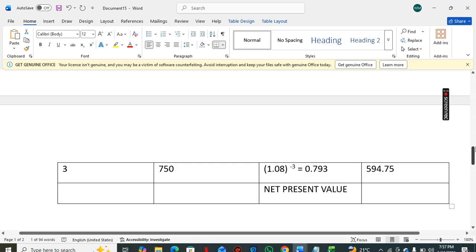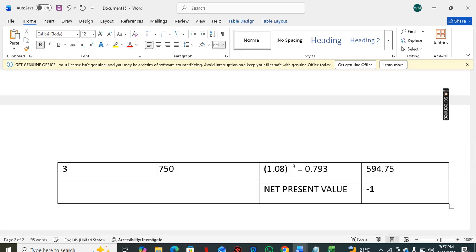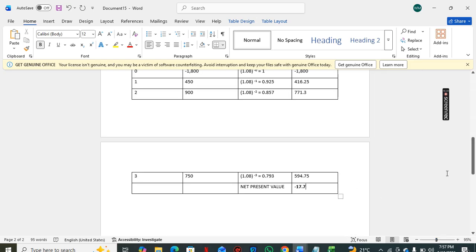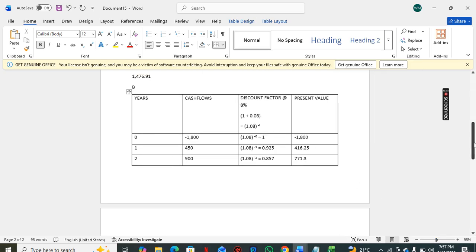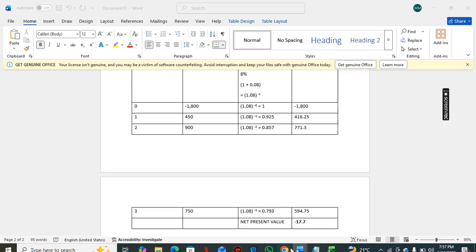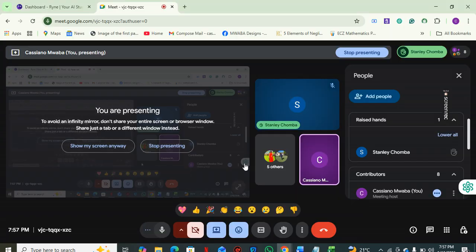We also get a negative one here, negative 17.7. Also this one you reject. Okay. So both are not viable, because we're getting negative net present values. That's representing losses. So we don't have to choose any of the businesses, because we'll be in a loss.